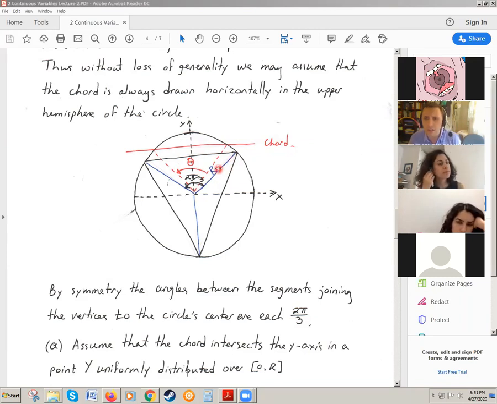You could have renormalized r to be equal to 1, and that will not affect probability. You can always assume the circle is of radius 1, but for the setup as I drew it, let's say simply in terms of r. So then y is distributed between 0 and r. What you said, Eli, is the same, it's symmetric. And then I need to find the density function. If it's uniform, what's the density function?